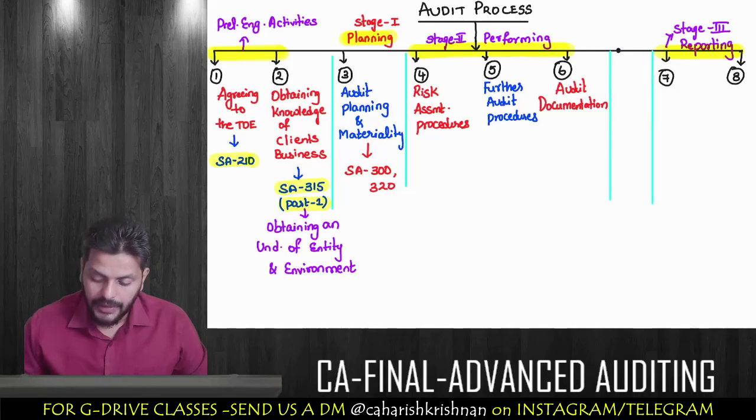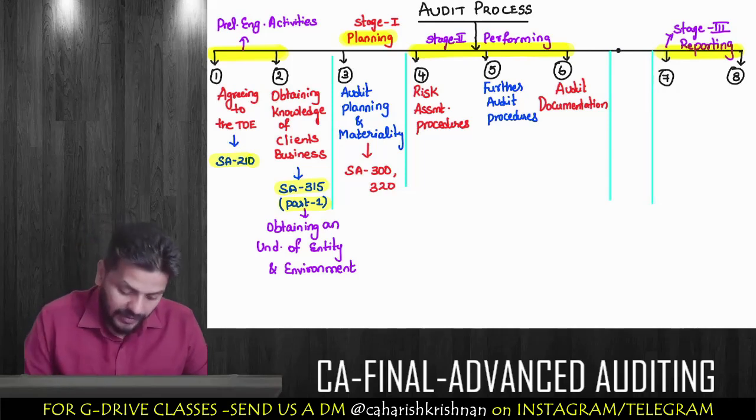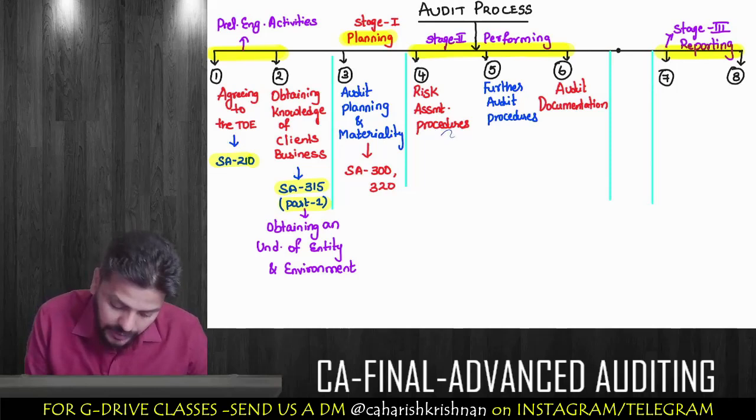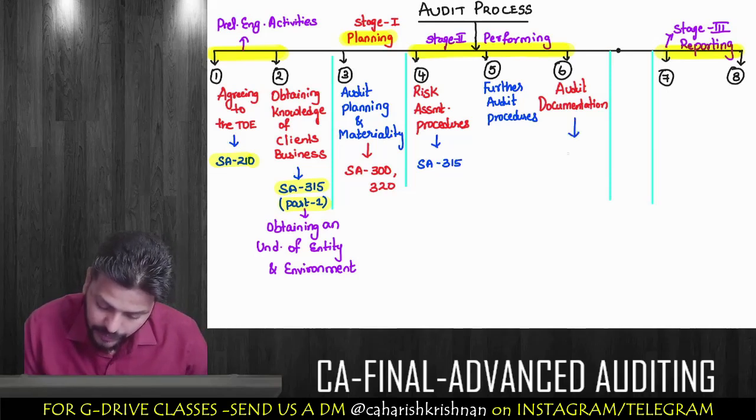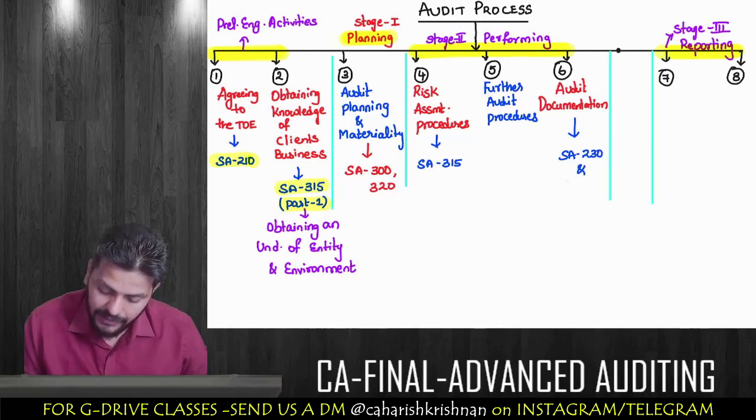So right now, I'll put up the standard numbers for convenience. The risk assessment procedures are discussed in standard number 315. Audit documentation is discussed in standard number 230, and I will say others.